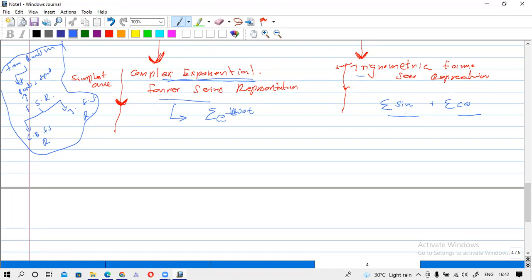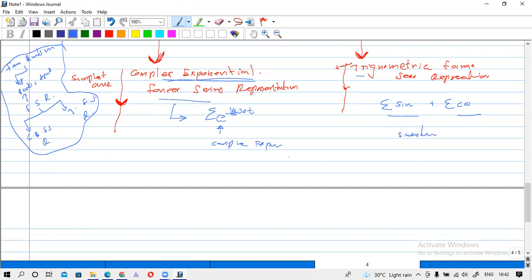So tell me, in the complex exponential Fourier series, we are going to represent the signal using complex exponential signals. And in the trigonometric Fourier series representation case, we are going to represent it as a sum of sine and cosine signals, sinusoidal signals.